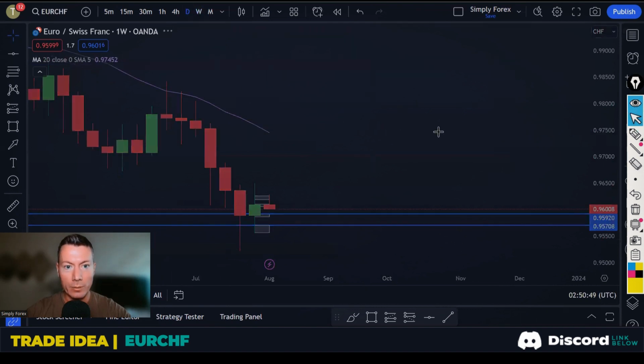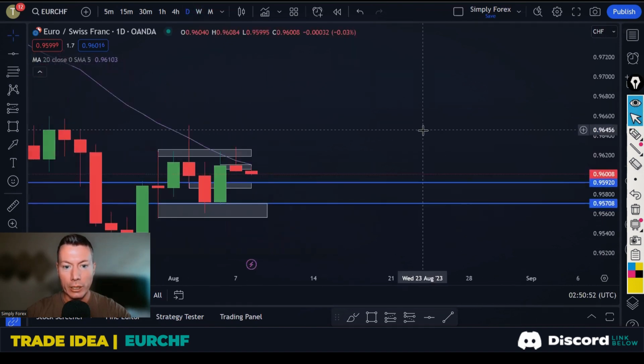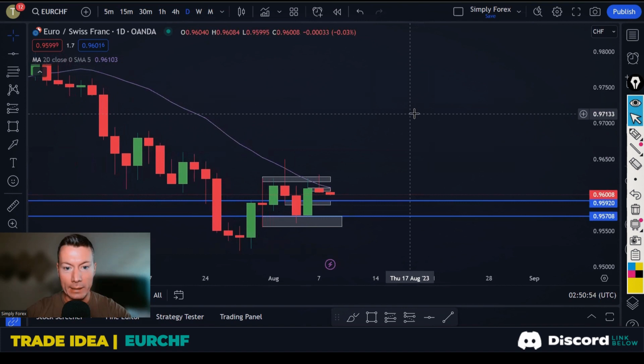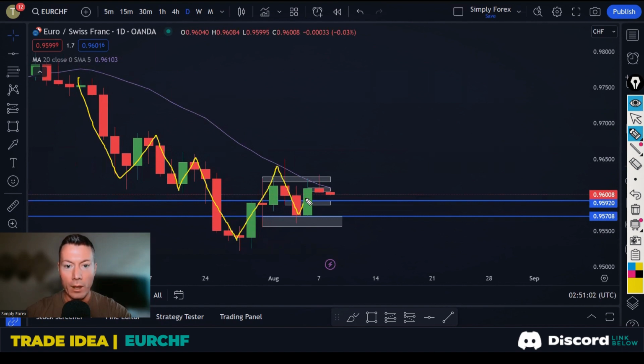Okay. If we start with the day chart, guys, we're still in a downtrend. You don't need to be Warren Buffett to see this is in a downtrend. I am slightly worried about this, guys. But we are seeing lower highs. We're below the moving average 20, but we are seeing a higher low.